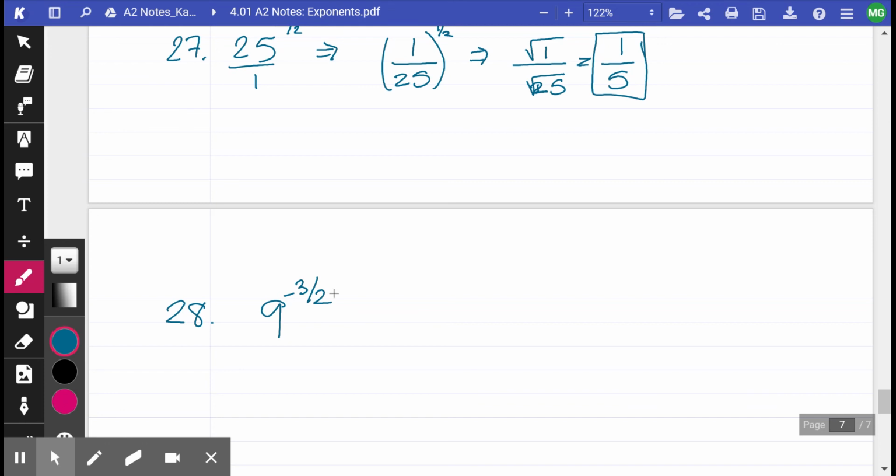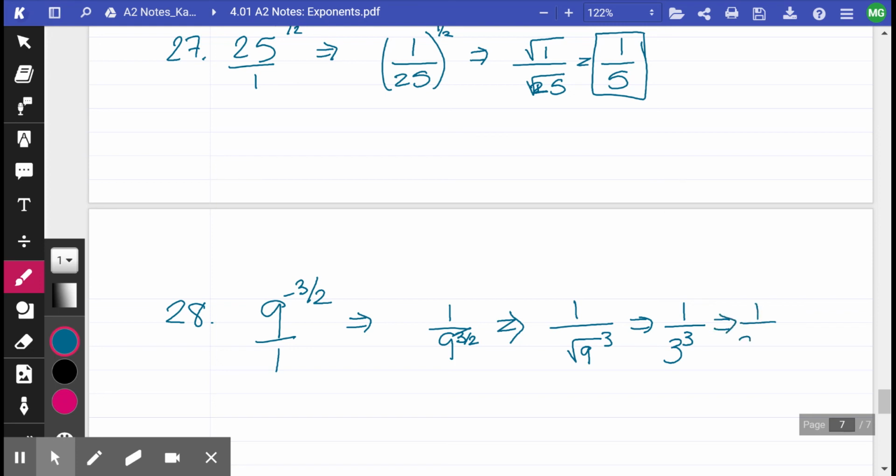Pause the video and try that one on your own. All right, so we flip it, so it becomes 1 over 9 raised to the positive 3/2 now. And power over root. So that would be the square root of 9 raised to the third power. The square root of 9 is 3. And 3 to the third would be 27.